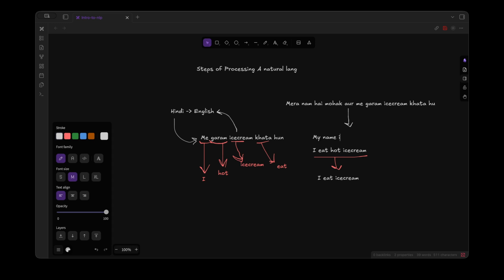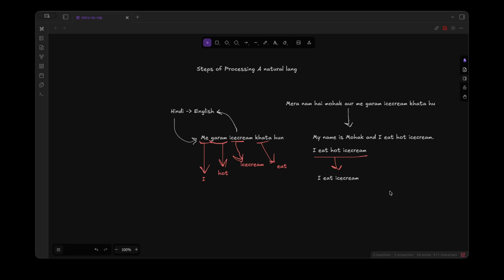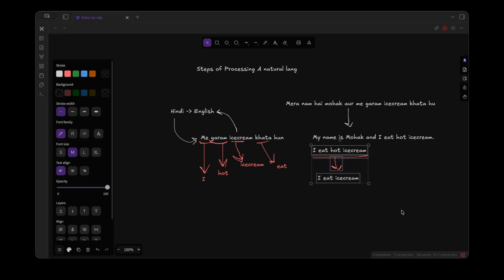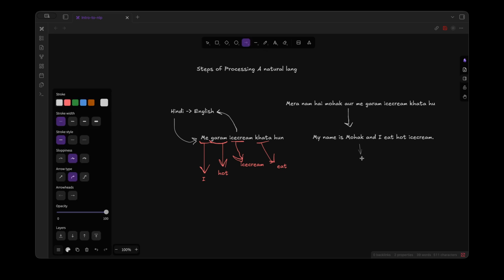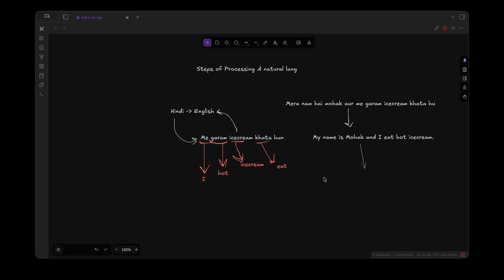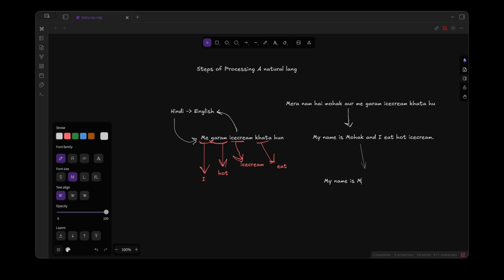My name is Mohak and I eat hot ice cream. Now understand this. What is the most correct one? This is the most correct one, that my name is Mohak and I eat ice cream. This is the correct one.